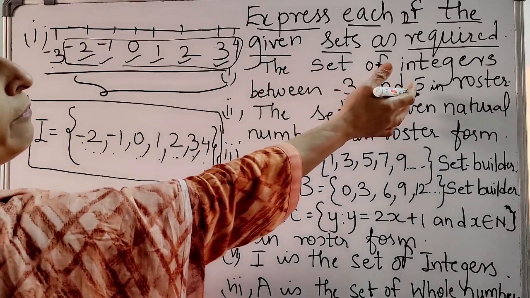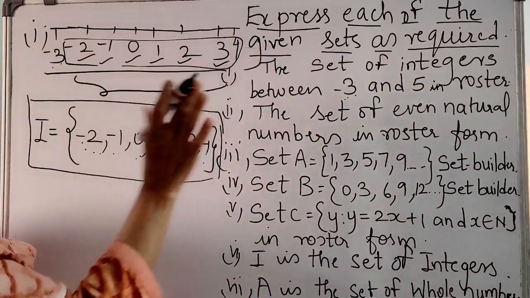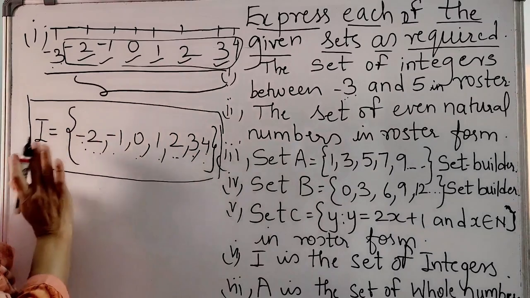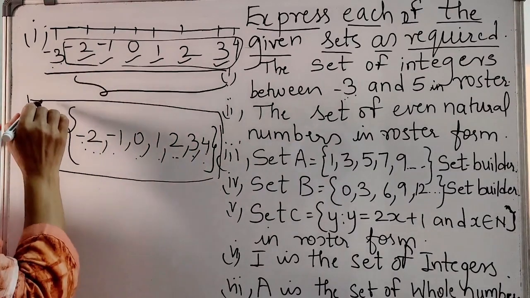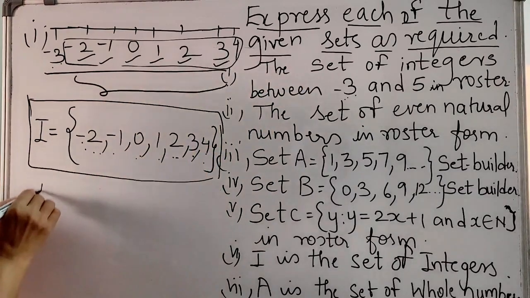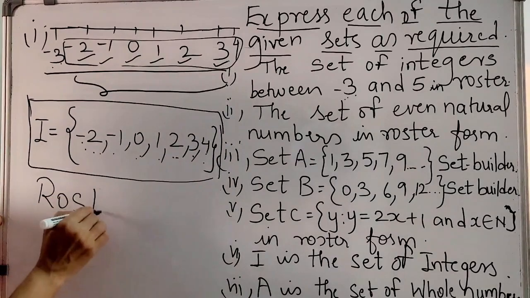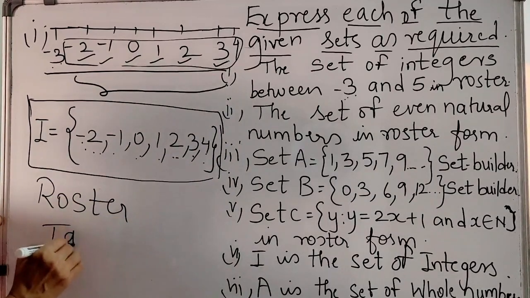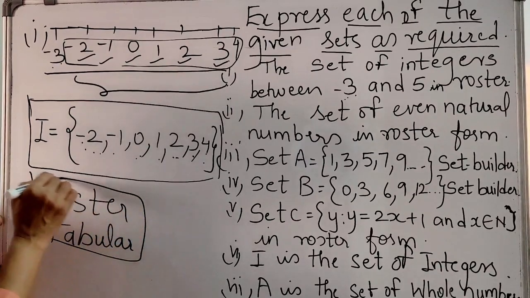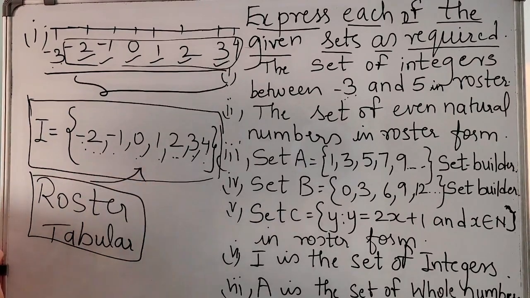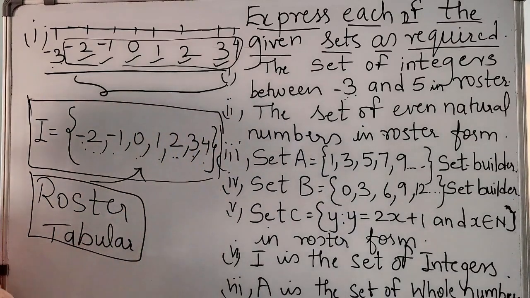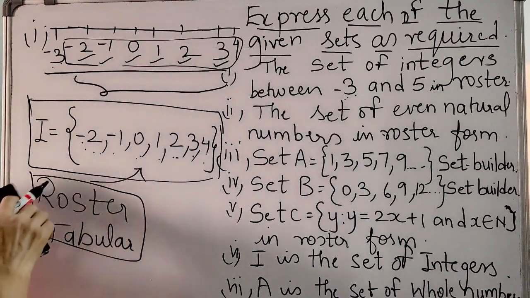Because it is in between, you don't have to include 5. So leave 5, leave -3, whichever are in between, you write the integers. So this is the way it has to be written in the roster form. Roster and tabular are the same thing. This is the answer.